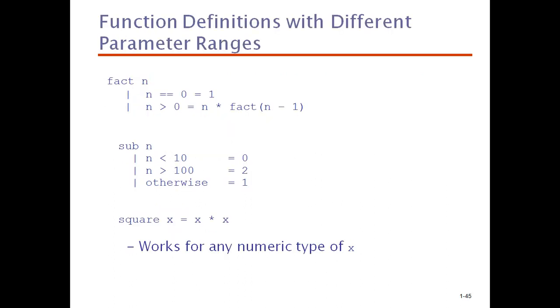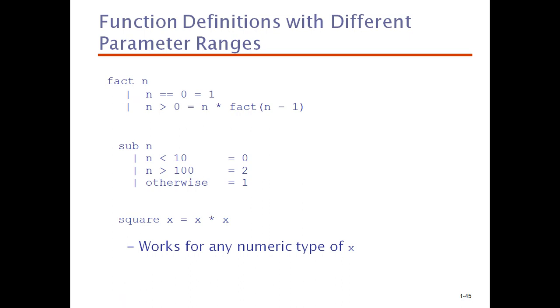And if you want to mention a function definition with different parameter ranges, for example the same factorial program, it will be written in Haskell like this: fact n, then change the line and tab, and a vertical line symbol is used.